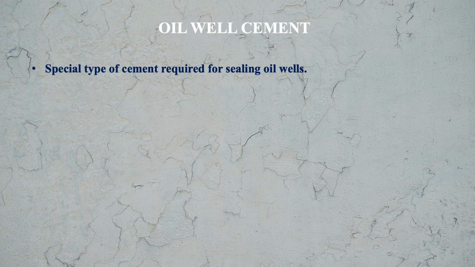Now the next cement is oil well cement. This oil well cement is a special type of cement which is required for sealing of oil wells. Meaning, for the sealing purpose of oil wells, this oil well cement is used. Why is sealing done?